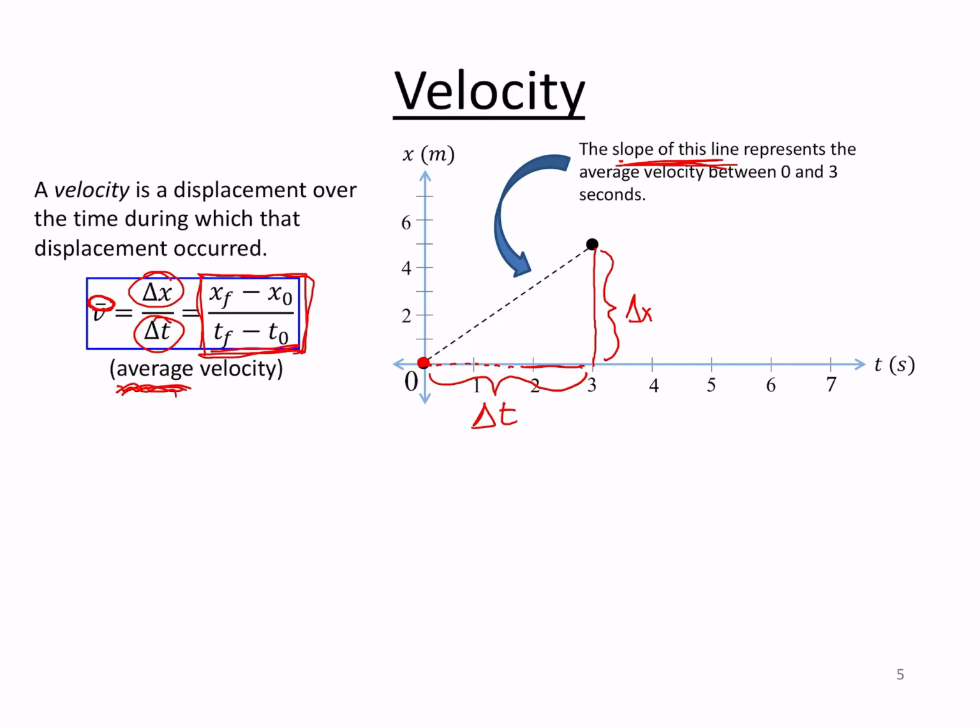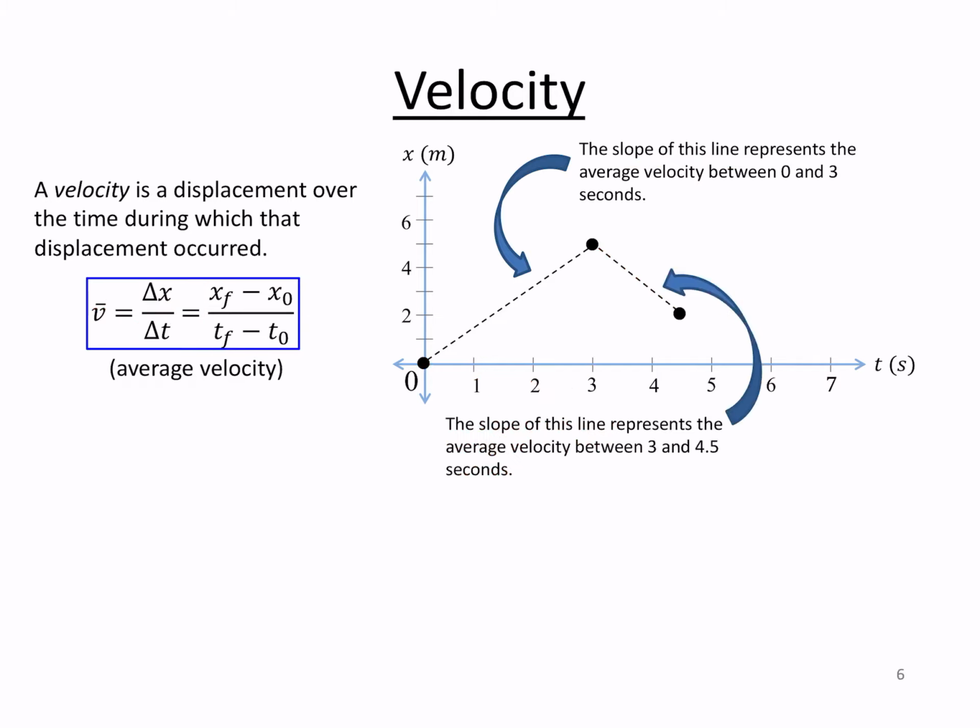And if we gather more data, if we take another reading of our position at another time, so say we have an object that first goes one direction out about 5 meters and then comes back about 3 meters, it looks like.